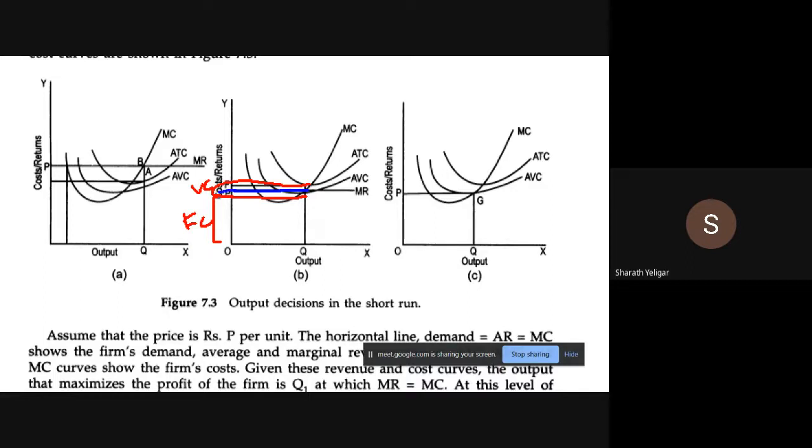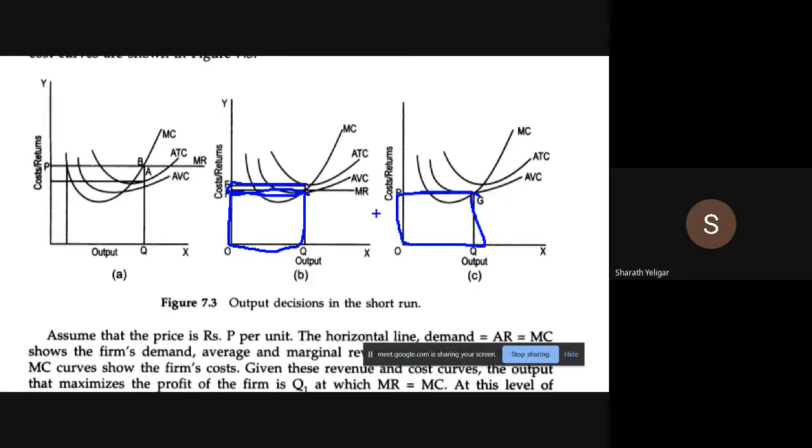See, he has covered VC completely, the variable cost is completely covered, and some part of fixed cost is also covered. Now see here. Here only fixed cost is covered, but not the variable cost. This is what we call the shutdown point.